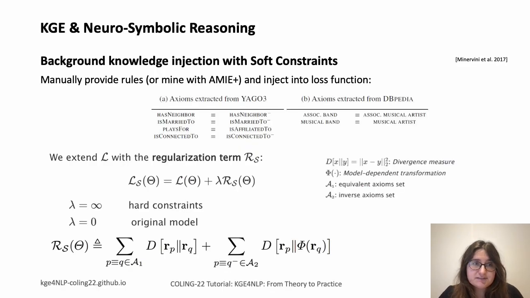Another interesting direction of research is neurosymbolic integration, or as others call it, neurosymbolic approach, and it's appearing across many different machine learning and deep learning and artificial intelligence subjects.